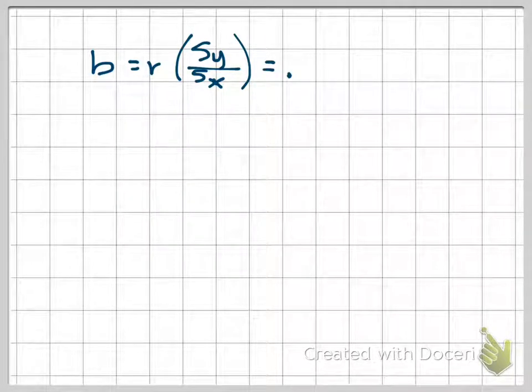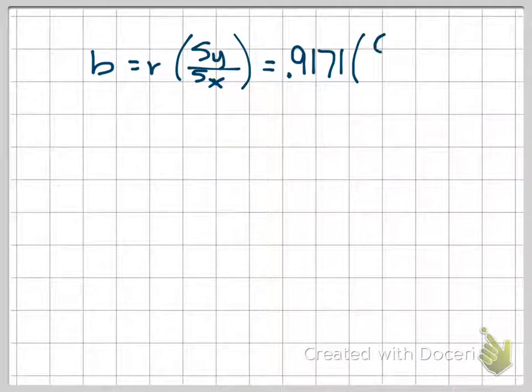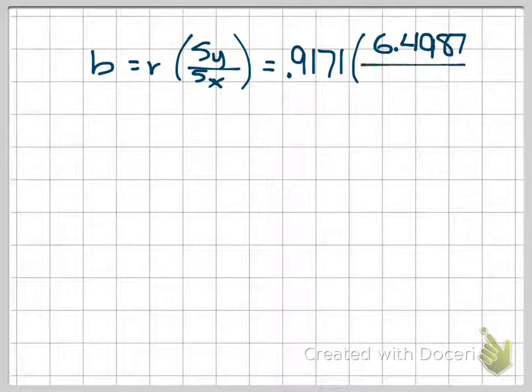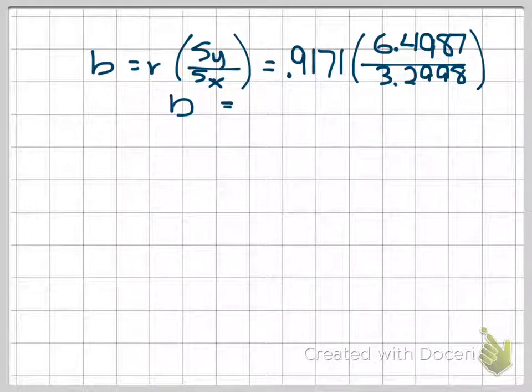And so we're just going to plug things in. 0.9171 times 6.4987 divided by 3.2998. And we work that out. That should come out to be 0.4657.